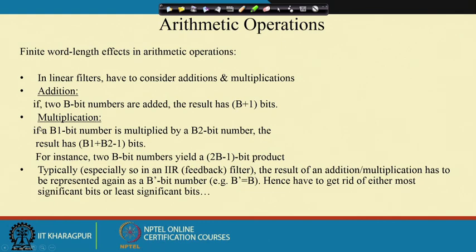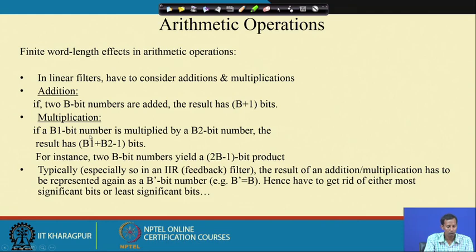And for constant multiplication, if a b1-bit number is multiplied by a b2-bit number, then the result has to be of b1 plus b2 minus 1 bits. So, for multiplication the word length will be b1 plus b2 minus 1.